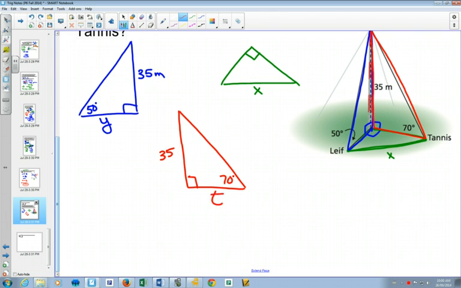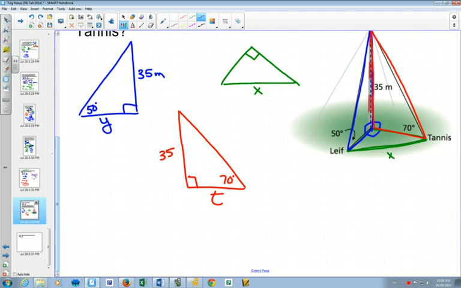Okay. So if we solve for y and if we solve for t, we're going to get 2 more sides on our green triangle. Will that be enough? Yes. Because then we'll have 3 pieces of information on our green triangle, and we can solve for everything there as well. So we'll start on our blue triangle.